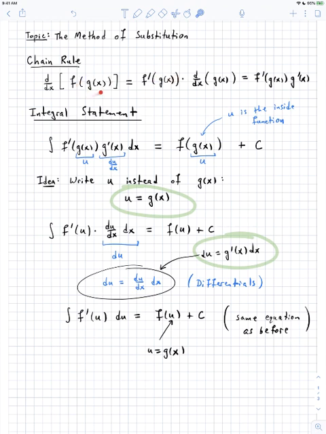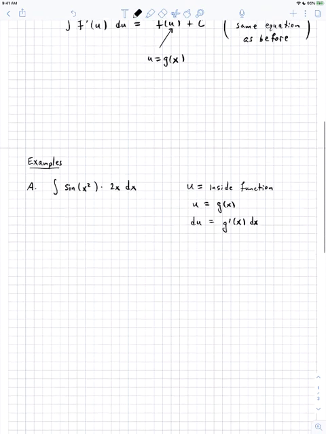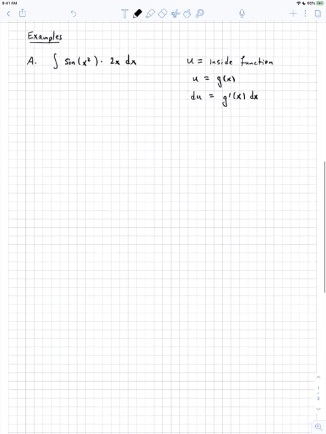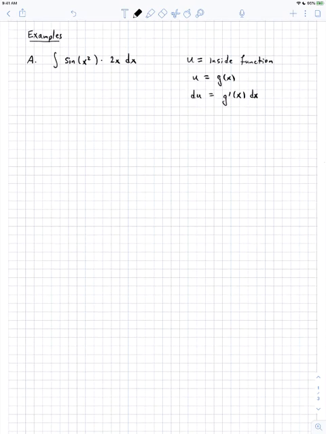So the thing that was inside is still inside, and you're also multiplying by the derivative, but importantly, your inside function is still an inside function. So let's go back to our example, and we want to look for a composition that has an inside function, and you can see one here. Sine of x squared, that's a composition, and the inside function is the x squared part.